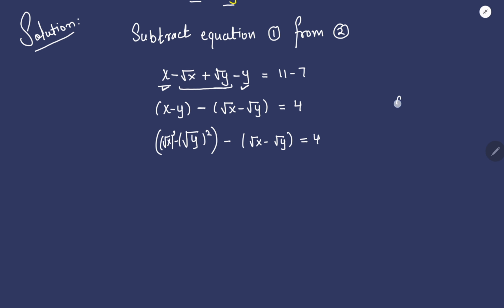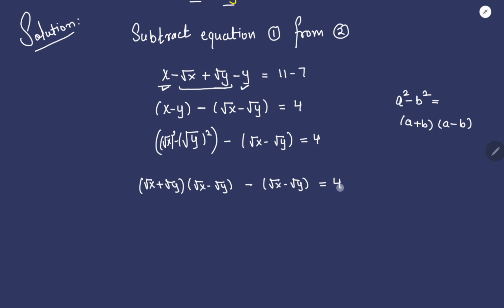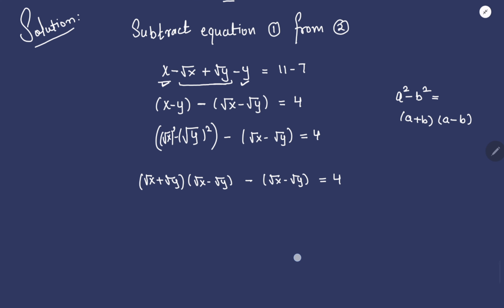Okay, now if we remember this identity, what is this identity? a square minus b square is (a plus b)(a minus b). So if we see here, this is (under root x plus under root y)(under root x minus under root y), minus this under root x minus under root y, equals 4, right?